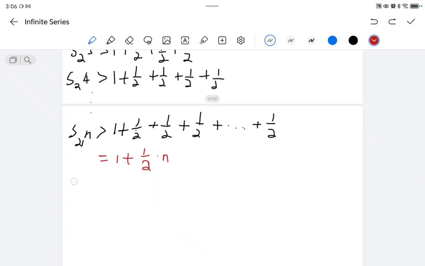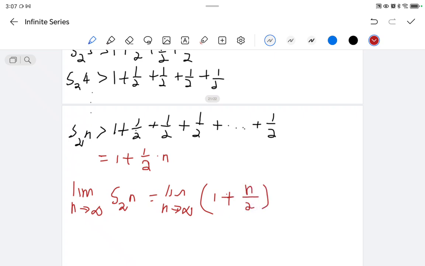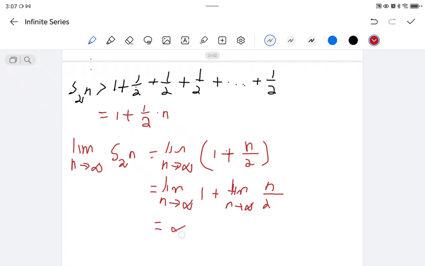So it means that we can now say the limit as n approaches infinity of S2 to the n is greater than or equal to the limit as n approaches infinity of 1 plus n over 2, which is 1 plus the limit as n approaches infinity of n over 2, and this would be infinite.